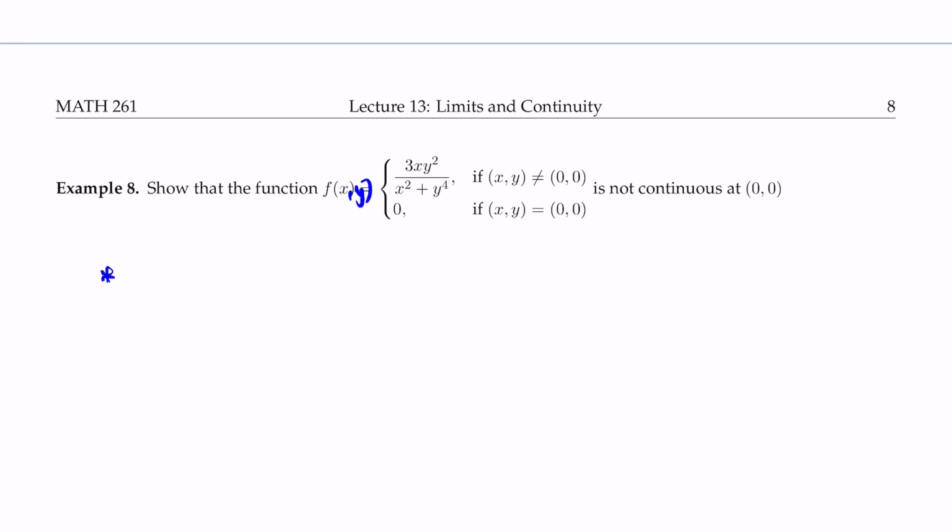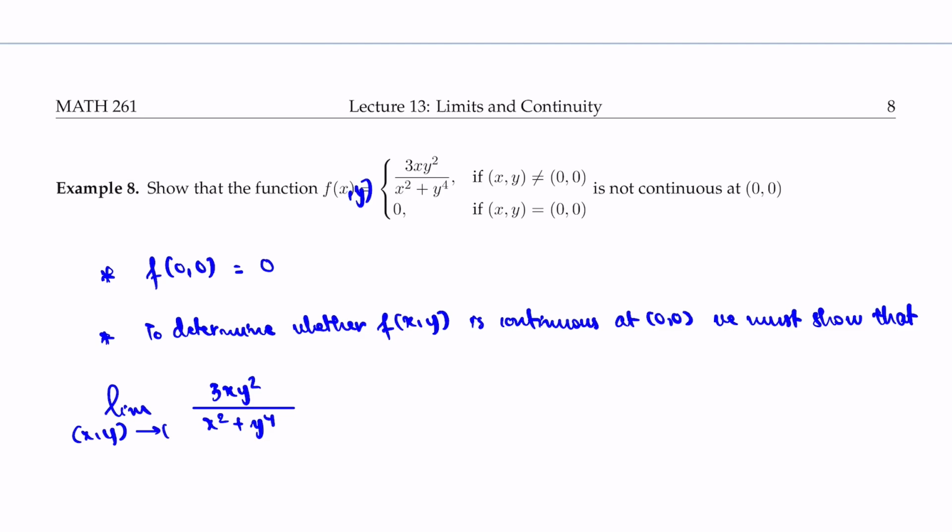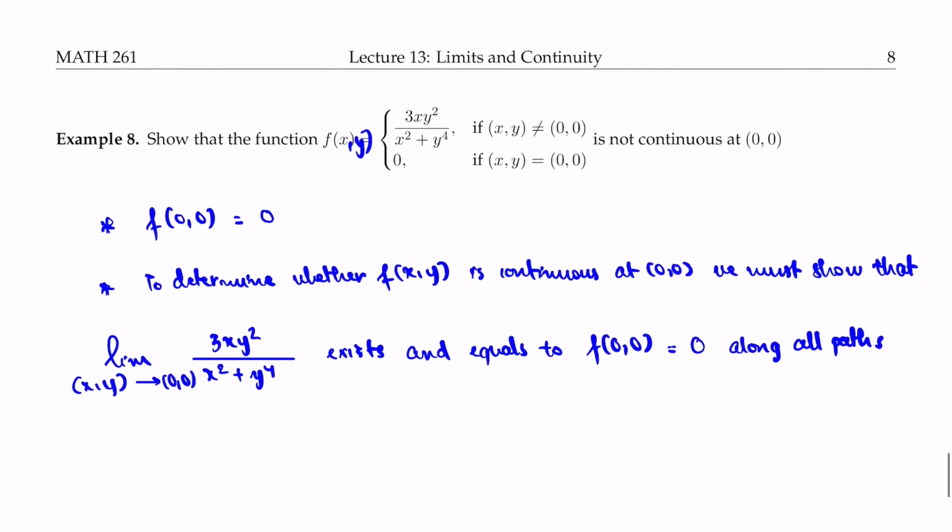So to determine whether f of (x, y) is continuous at (0, 0), we must show that the limit of the function 3xy squared over x squared plus y to the fourth as (x, y) approaches the origin (0, 0) exists and is equal to f of (0, 0), which is 0, along all paths that approach (0, 0).